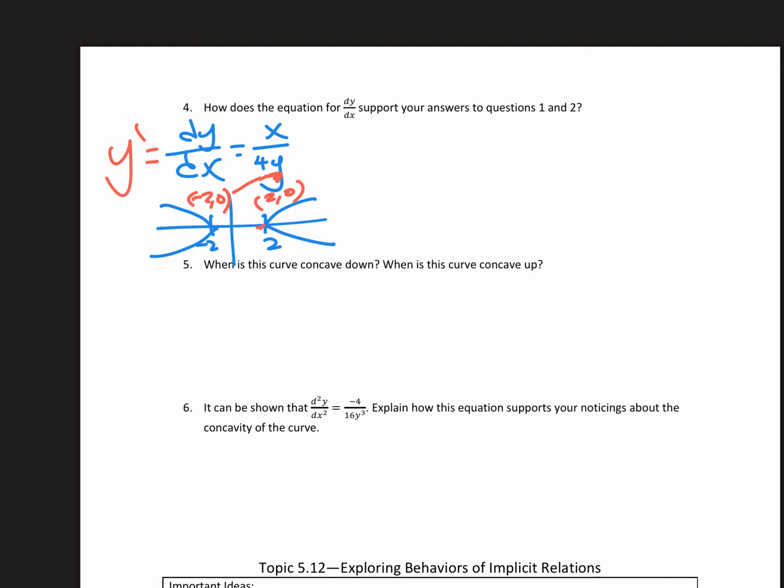And you can see that the y value is 0. That's why you make the denominator equal to 0. So the statement you should be writing down is y prime, or dy dx, is undefined when y equals 0, and that's also when x equals plus or minus 2.